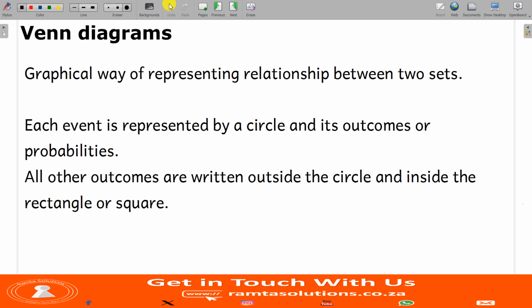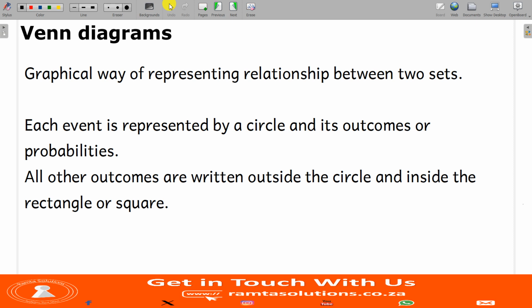Inside a circle, you can either write outcomes or you can write probabilities of that particular event. And all other outcomes of your trial will be written outside the circle and inside a rectangle or square.